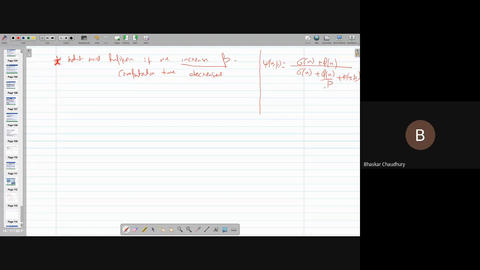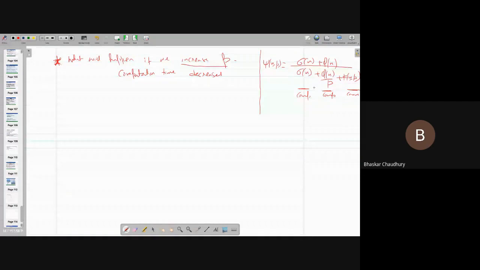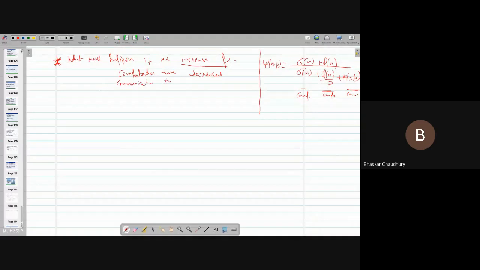This is computation, and this is the communication part. Sigma n will have no effect if you increase p. Now what about the communication time? Communication time will increase.